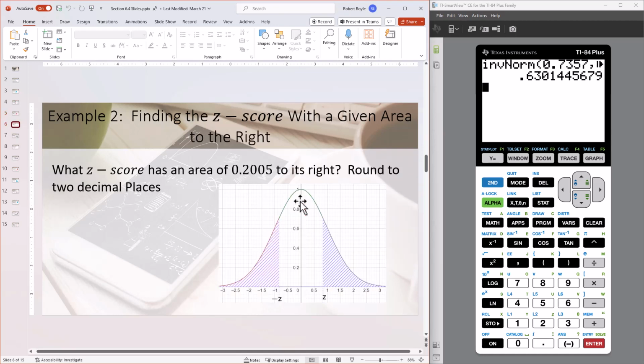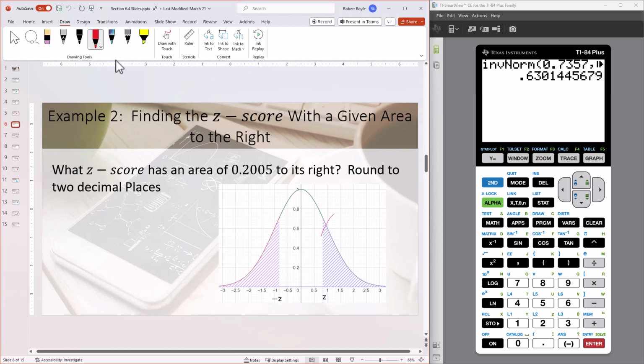Now, to find the z-score for an area to the right is a little trickier, primarily because your calculator only computes areas to the left. But it still is not that big of a deal. Suppose that we want to find the z-score of an area of 0.2005 to the right, which specifically means that we are looking for this area right here.